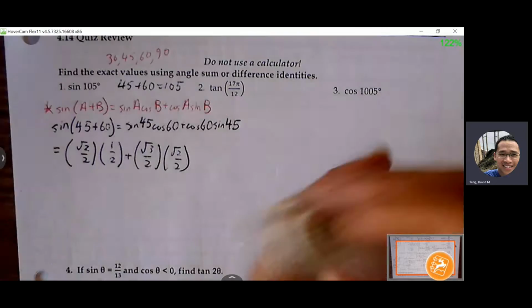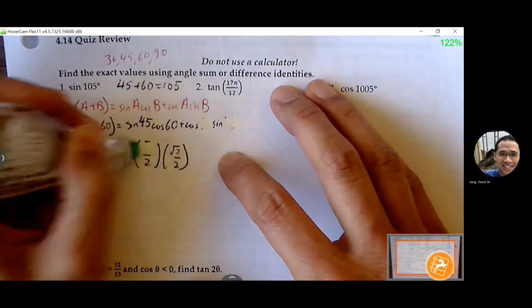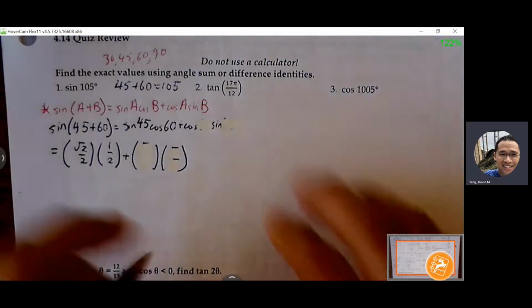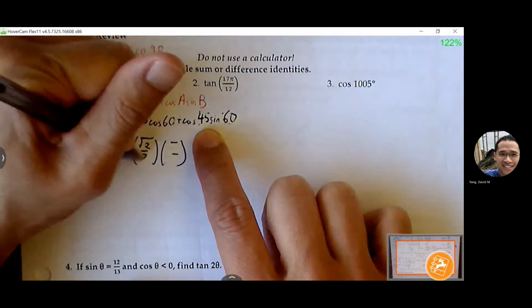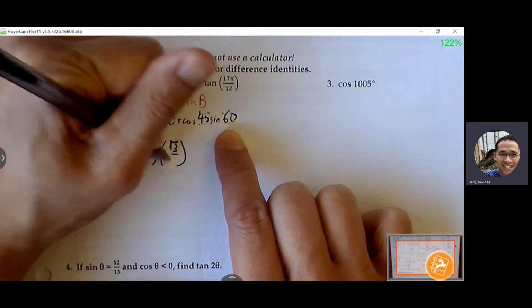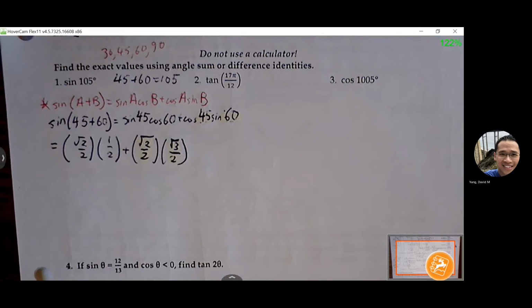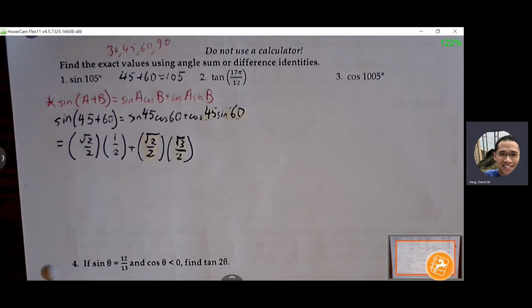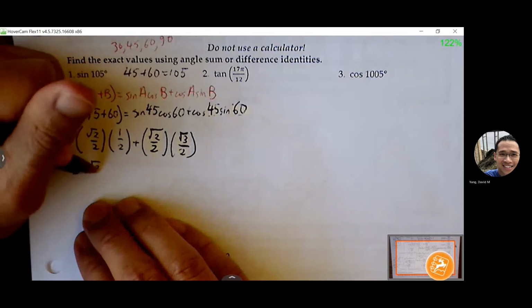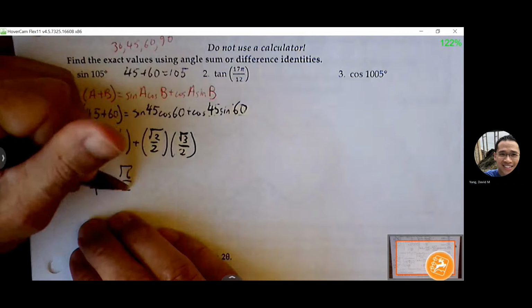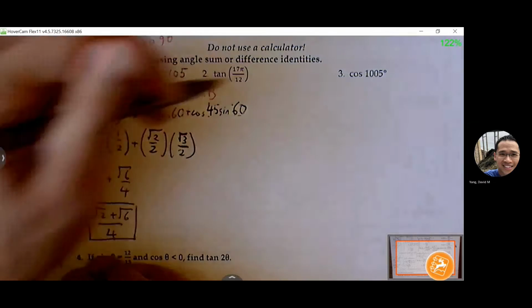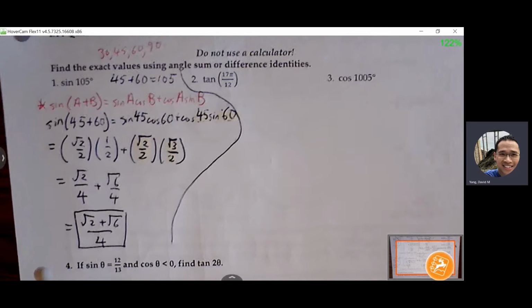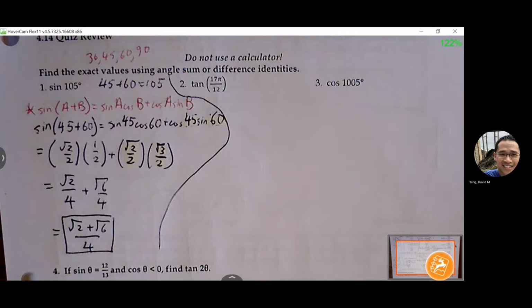It should be 45 and 60. My bad. Questions with number 1?